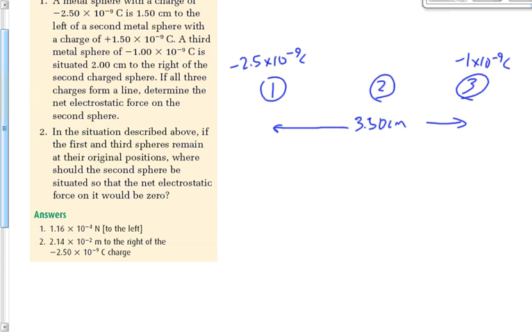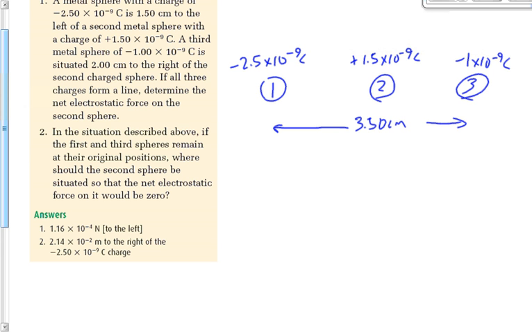You get a bigger charge, it's going to give you a bigger force, unless you increase the distance, which is going to give you a smaller force to kind of balance it out that way. So charge 2 has the same value as it had before, plus 1.5 times 10 to the minus 9 coulombs, but we don't know exactly where it's going to go.